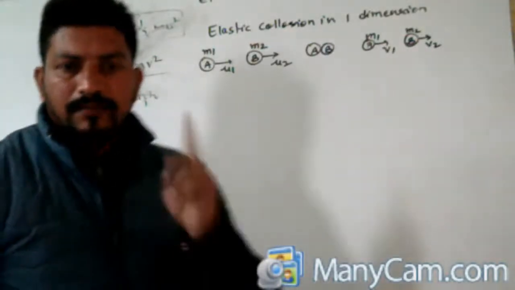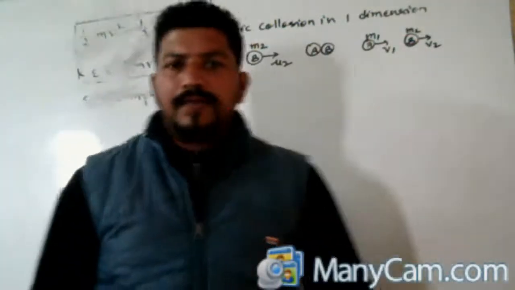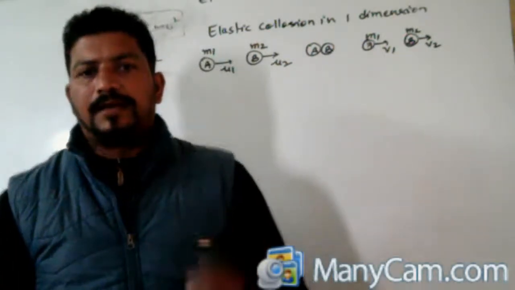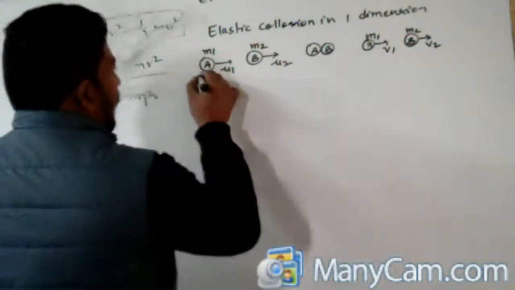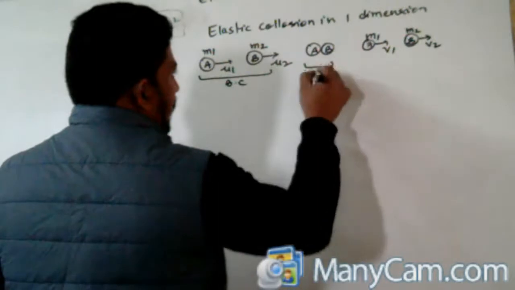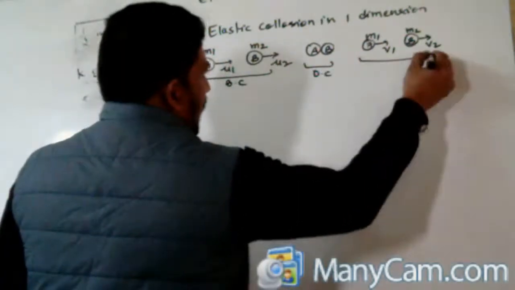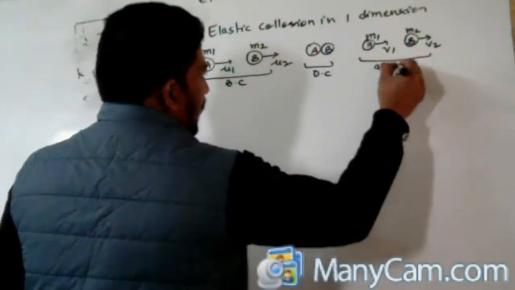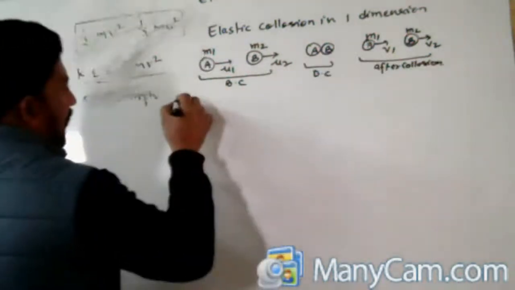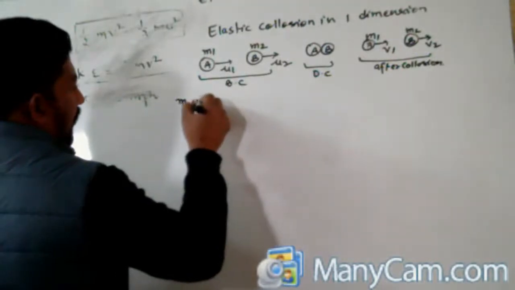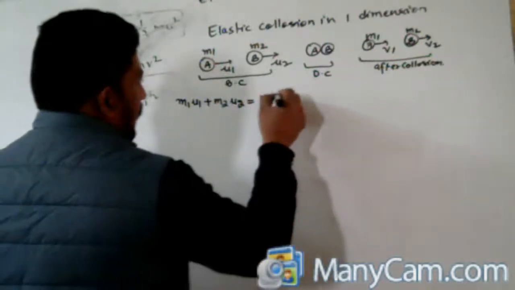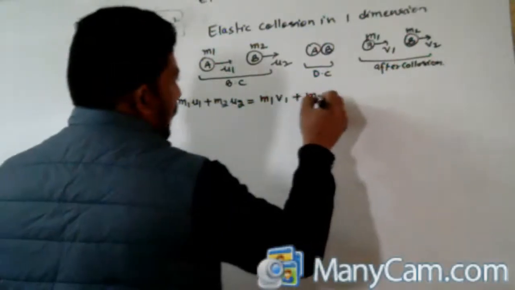Now, what is an elastic collision in one dimension? Elastic collision in one dimension means the kinetic energy and momentum remain conserved. So beta, we can write here, this is your before collision, this is during collision, and this is after collision. So m1 u1 plus m2 u2 is equal to m1 v1 plus m2 v2.